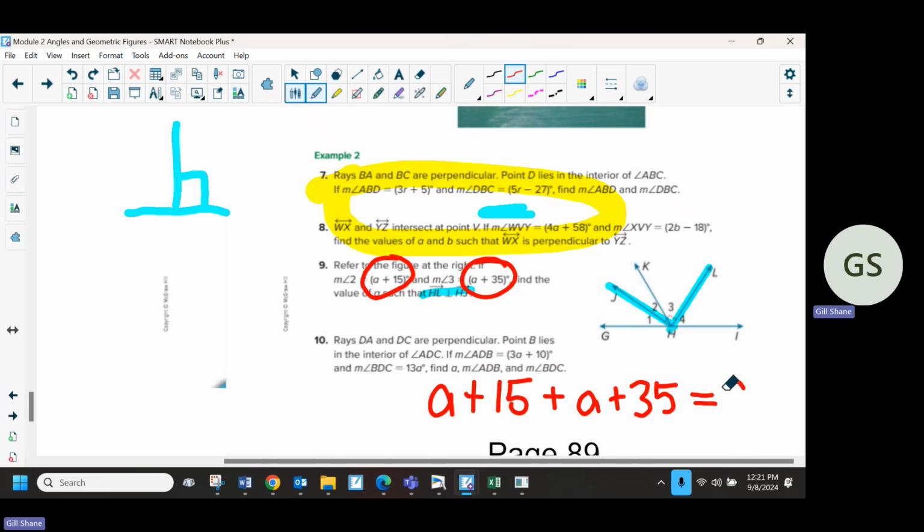Has to equal 90. So doing your combining like terms, we have two A's there, so that'll be 2A. We have two numbers there, so we'll just add those. So what was that? 2A plus 50 equals 90.